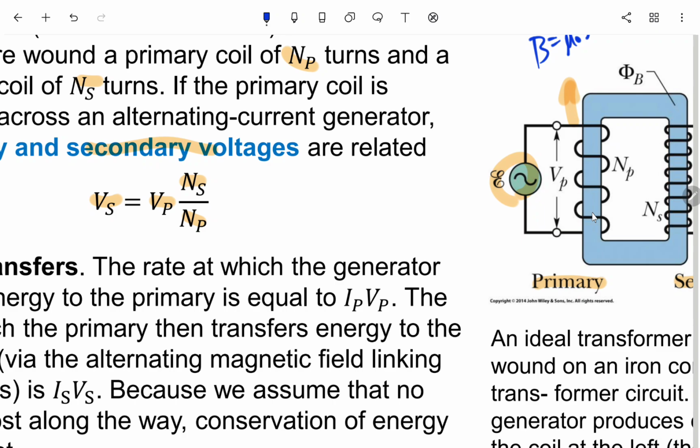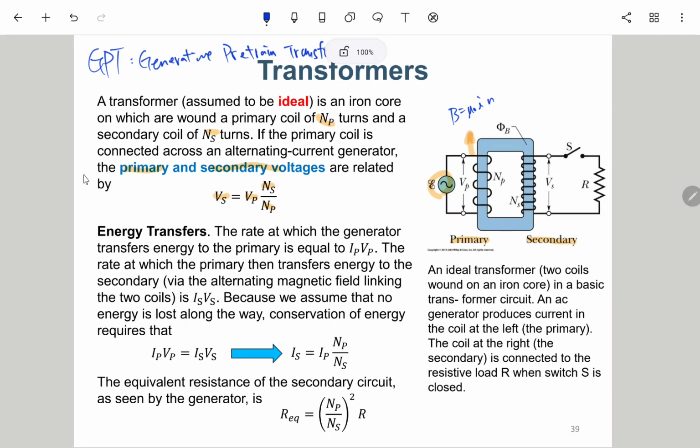So something like this. At the very first, we have this one, or you can also write it as Vs over Vp is Ns over Np, which means that the voltage of a coil is proportional to the number of turns.